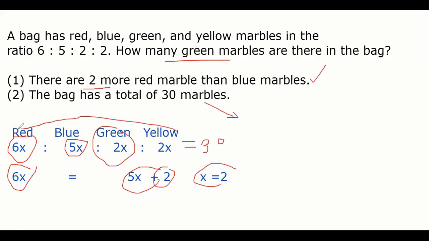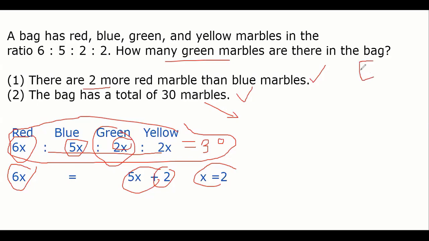So from this data, again, we can find x: 15x equals 30. We don't have to calculate. In DS, we don't have to calculate, you have to just think more. So you will say, yes, sir, we can easily find the value of x. When we get x, we can easily find how many green. So 2 alone is also sufficient. So the answer for this question will be either 1 or 2 alone.